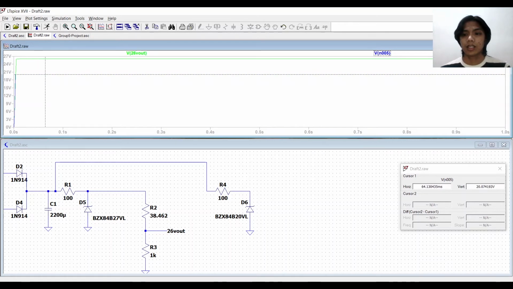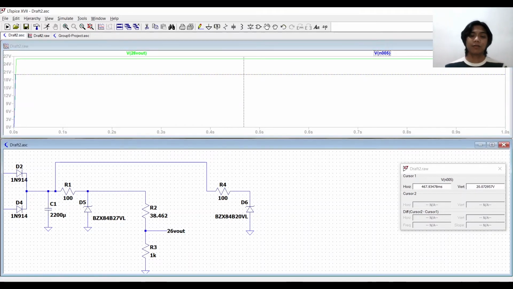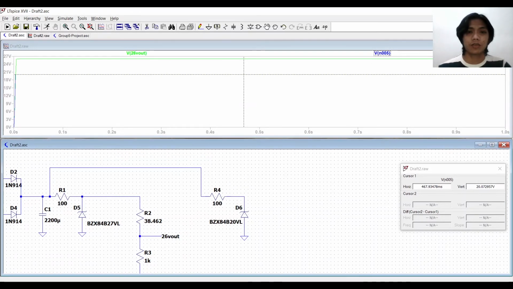As I drag this crosshair across the graph, the waveform looks really like a line at this point. And again, the voltage varies only by microvolts, so that variation is already negligible, and it is considerably stable.